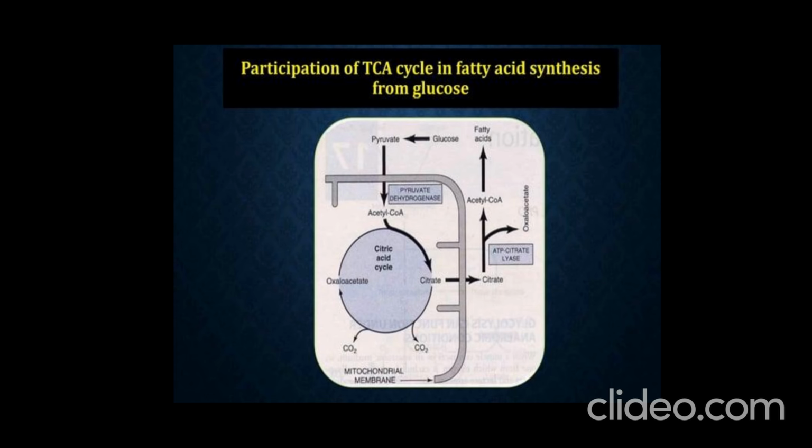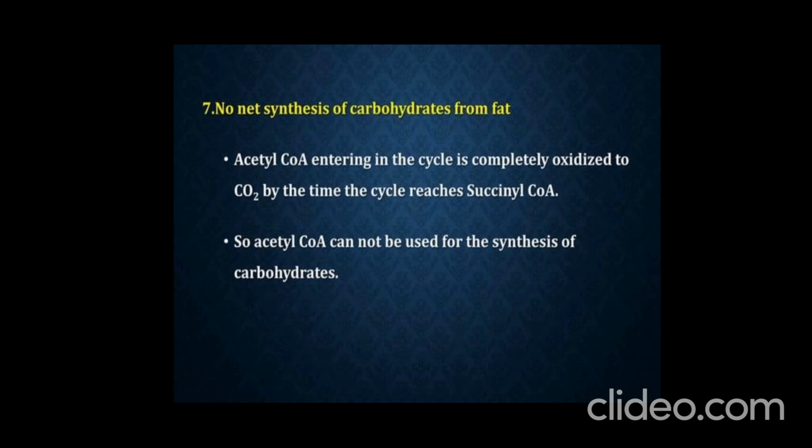From the citrate, in the cytosol, with the help of the enzyme ATP citrate lyase, it is converted to acetyl-CoA, and then to fatty acid, where oxaloacetate is also released. So this is the overall participation of TCA cycle in fatty acid synthesis from glucose.